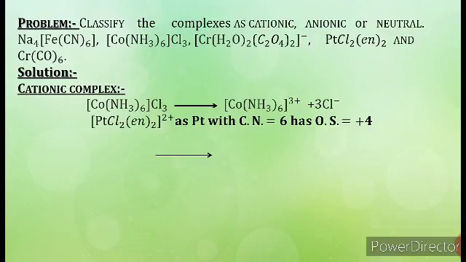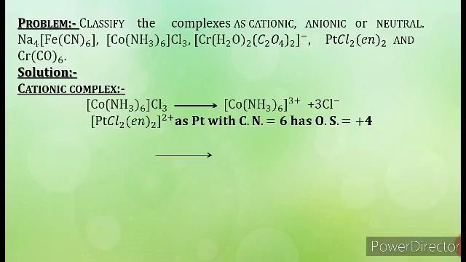If the oxidation state of platinum is +2, its coordination number is 4, and if its coordination number is 6, its oxidation state is +4. Again I am repeating, coordination number 4, oxidation state +2, coordination number 6, oxidation state +4.